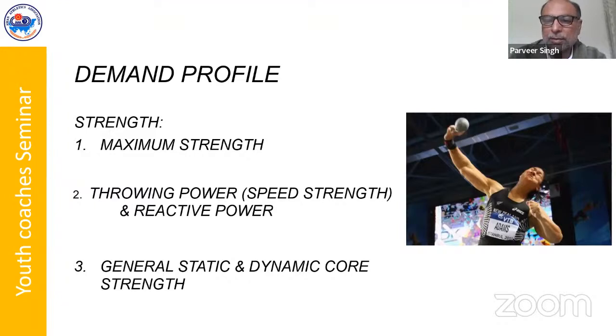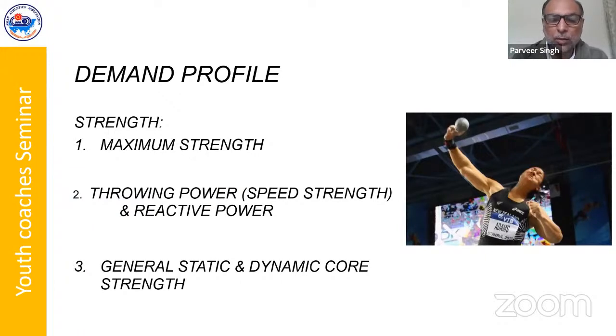Another one, you can see on the screen, is maximum strength. Number one, maximum strength. Number two, explosive strength or speed strength. And number three is strength endurance. Strength endurance is a strength ability actually.